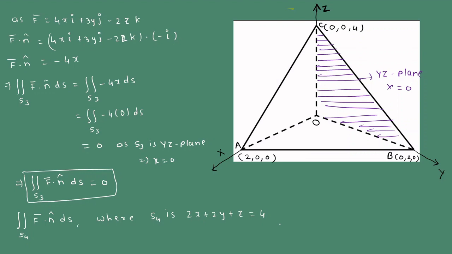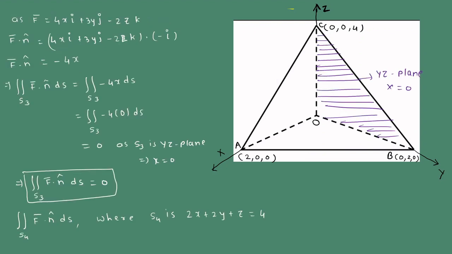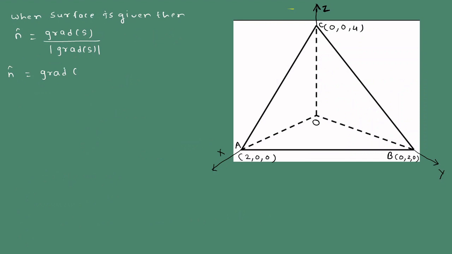Okay. Now, as we know that the surface is given, then we can calculate the n cap. When the surface is given, then n cap is gradient of s upon modulus of gradient of s. Correct? Now n cap equals gradient of, what is the surface here? The surface is 2x plus 2y plus z minus 4, upon modulus of gradient of 2x plus 2y plus z minus 4.